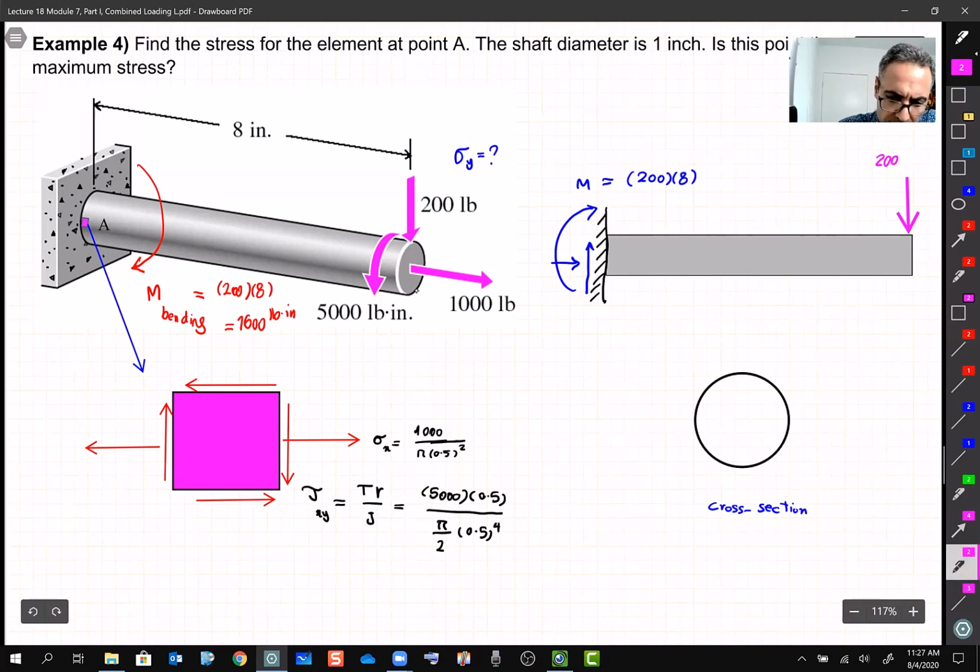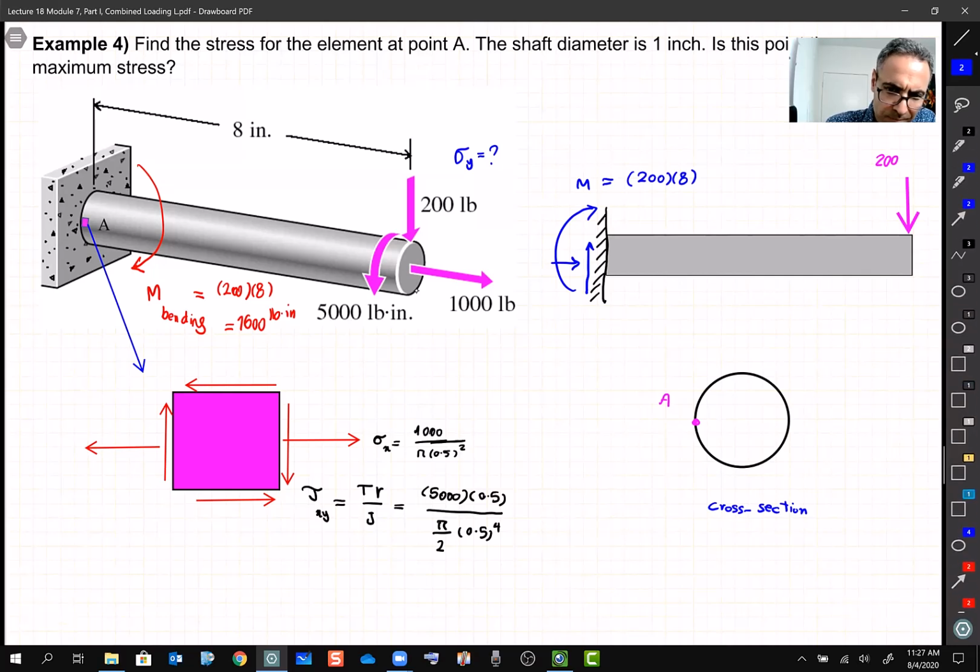So in this cross section, where is my neutral axis? This is where it gets tricky.